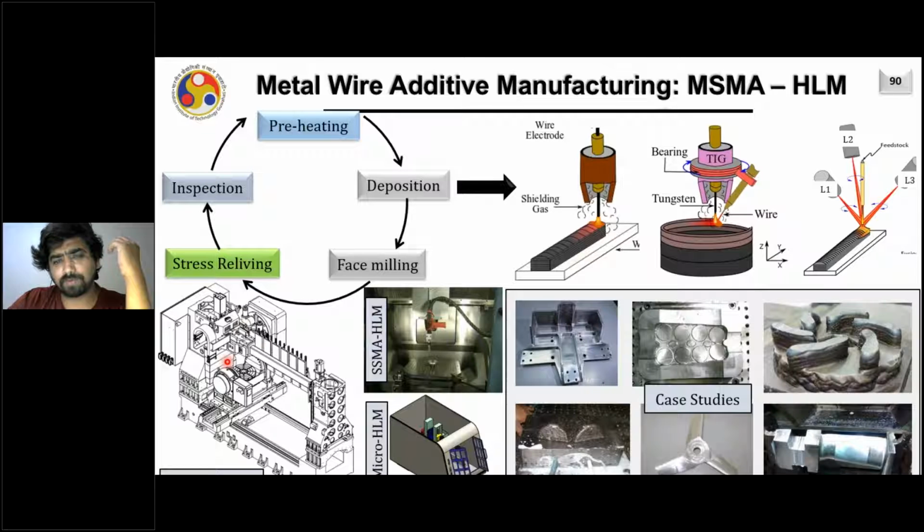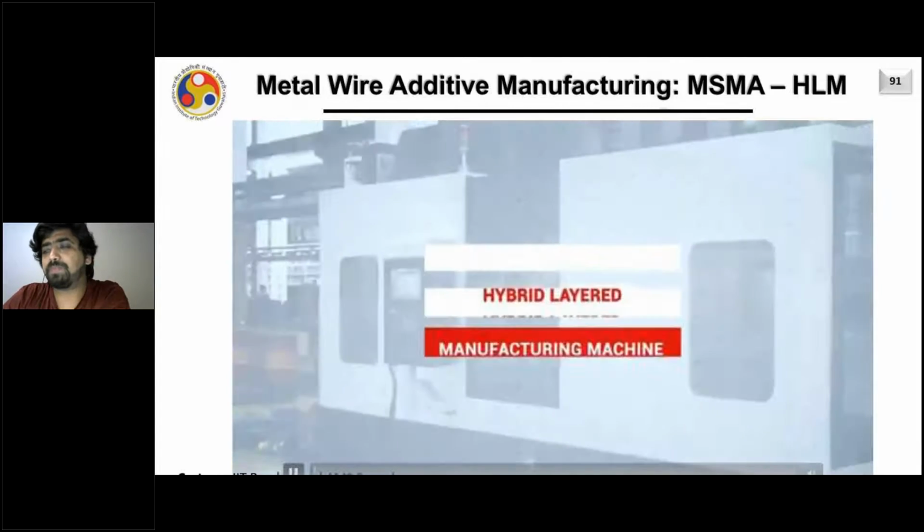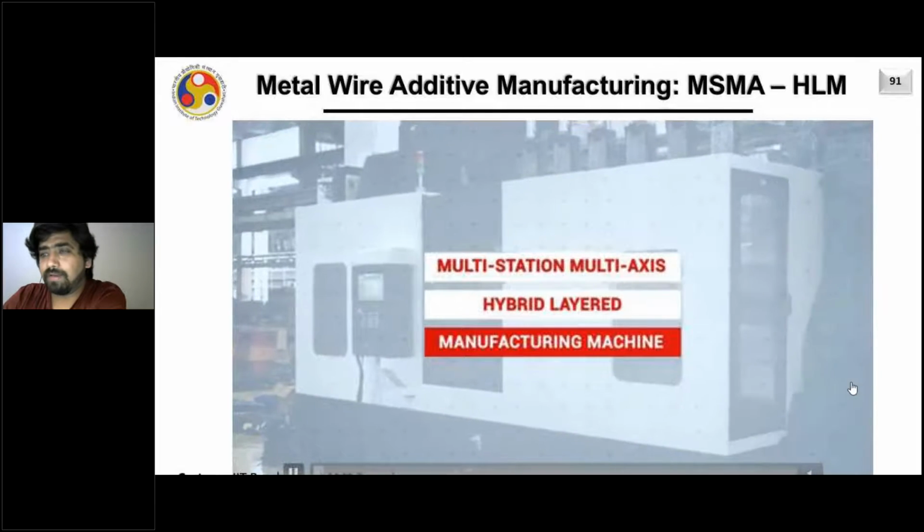It keeps on moving under these different stations, and the material can get deposited onto the substrate. So this is an example of a multi-axis, multi-station system, and it has already been fabricated, I guess. Yeah, the courtesies to IIT Bombay and RM Lab and AMS Bangalore, the ones who are building it.